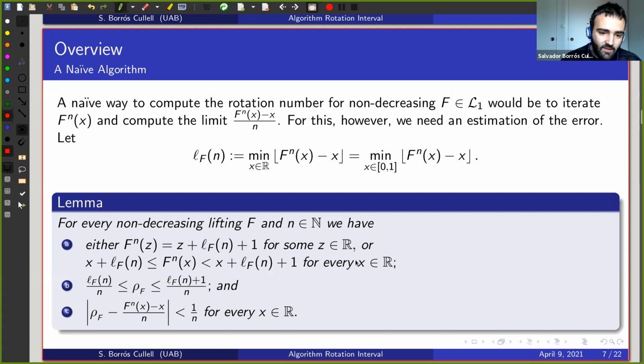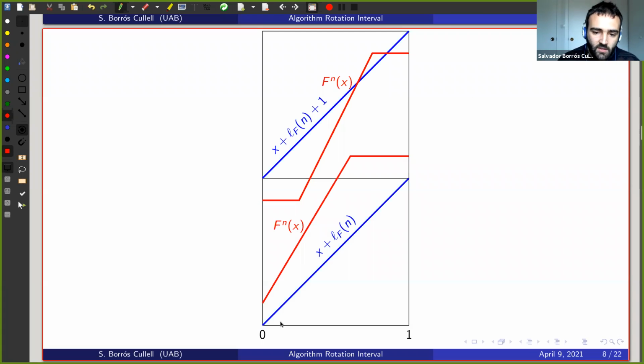And we have this lemma here, which is a bit messy written, lots of inequalities and definitions which are not super intuitive, but it's very easy to understand with a picture. This L_f of n defined here is just the highest diagonal that is still below f^n of x.